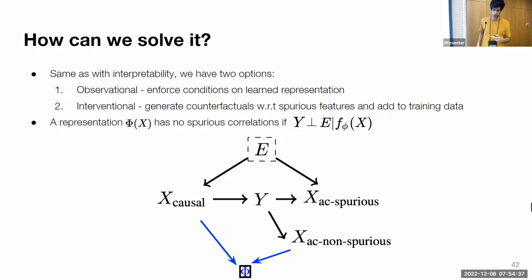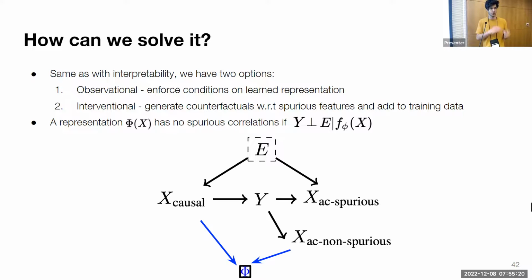For example, we can understand from this graph that if we have a representation f(x) that is not using the spurious information, then we would have this conditional independence condition where Y is independent of the environment given that representation. So one thing we can take out of this idea is that maybe we can take some conditional independence test, push it as a regularization term in our learning objective, and make sure that we're generating representations that at the end are enforcing this conditional independence test.